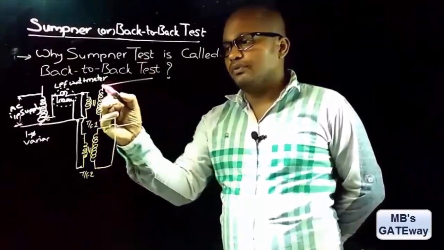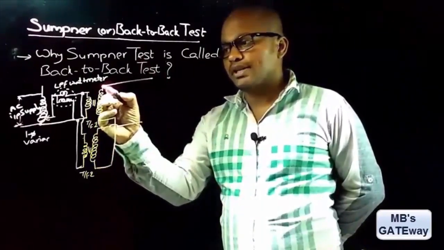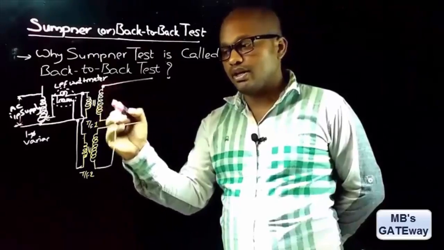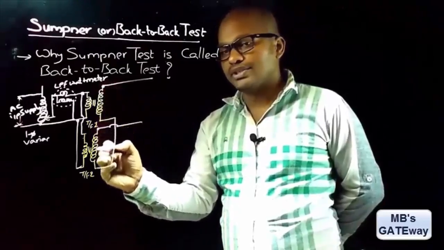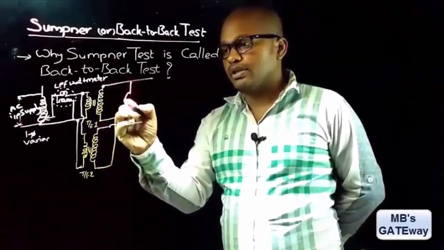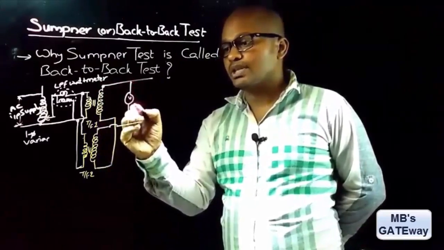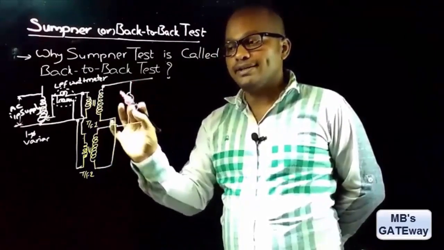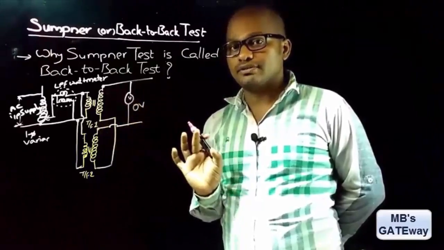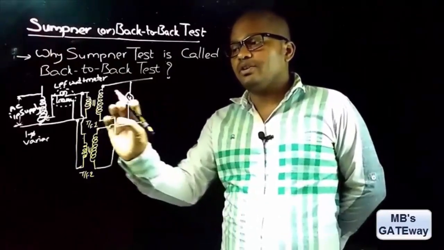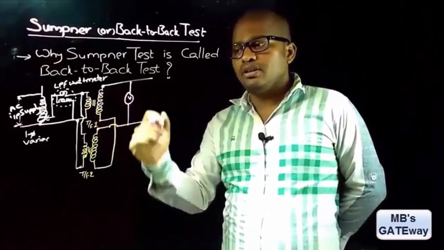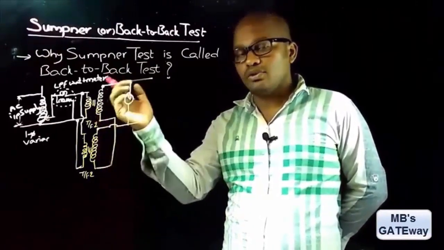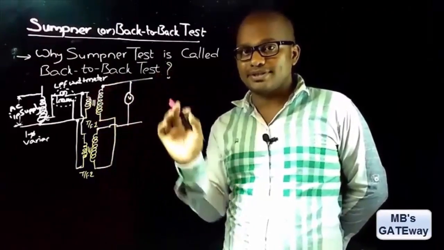If you measure the voltage between the starting point of transformer 1 and the ending point of transformer 2, the voltage reading must be 0 if they are connected in series phase opposition. Why they are to be connected in series phase opposition, we will discuss when we see how to perform Sumpner's test.